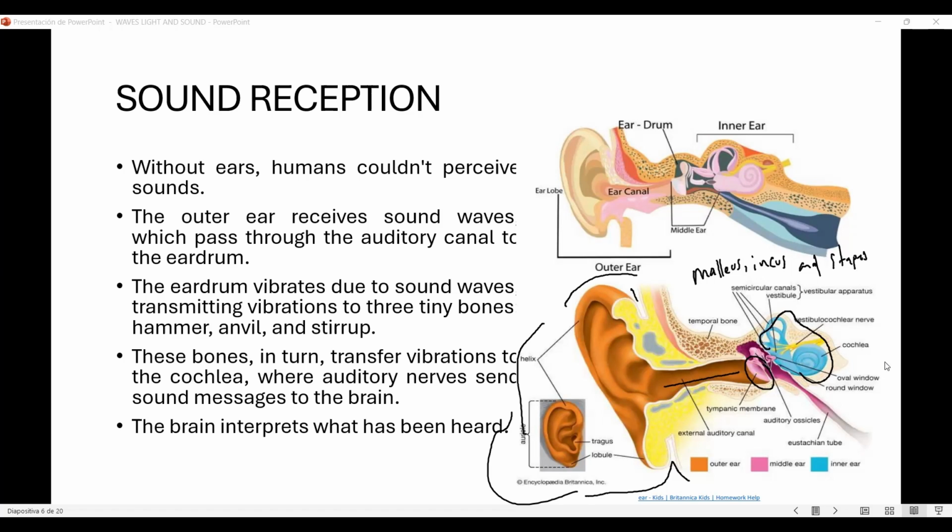The cochlea is filled with fluid and lined with tiny hair cells, and as the fluid moves, it causes these hair cells to bend, right? Different frequencies of sound will stimulate different hair cells that generate electrical signals, and those will be taken by the auditory nerve.